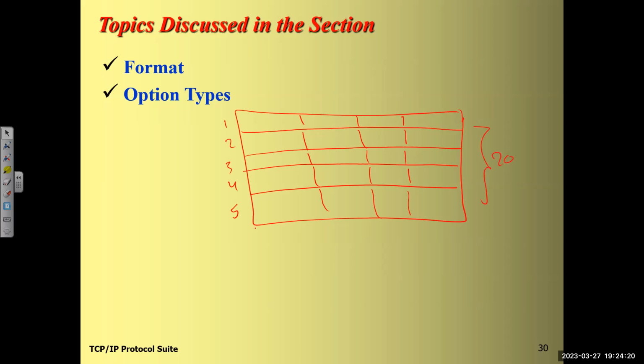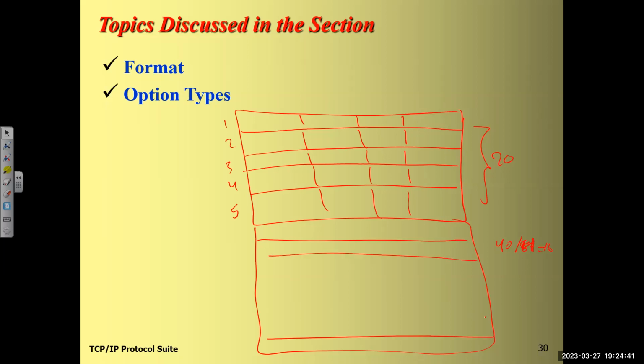Then the remaining is the option. How much combination? 40. 40 divided by 4 gives 10. So here we have 10 rows for option. So we say optional 1, or 2, up to optional 10.